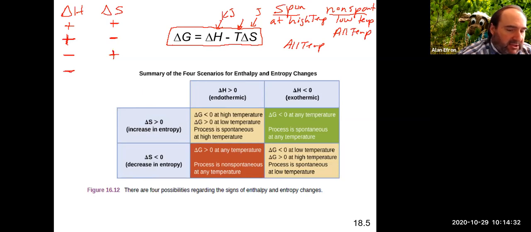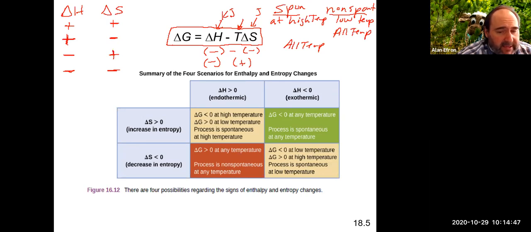And the last combination that you possibly could have is a negative value for delta H and a negative value for delta S. Again, negative here minus a negative gives us a negative and a positive value.